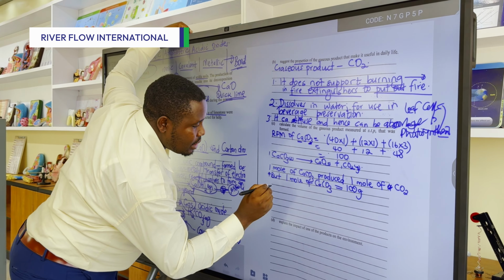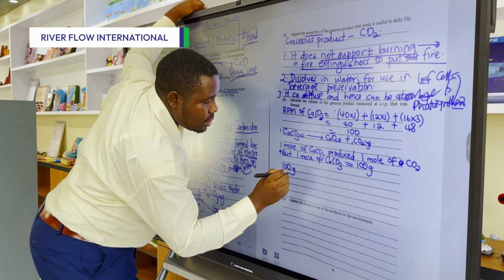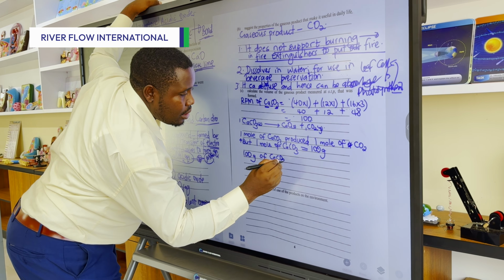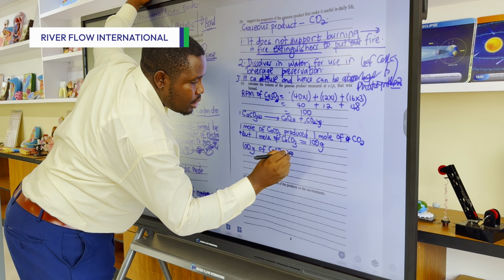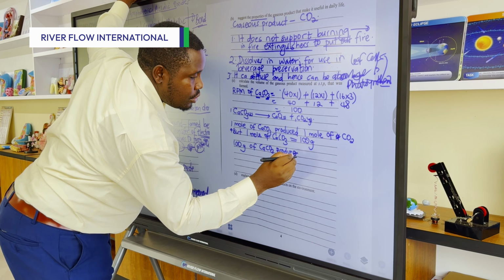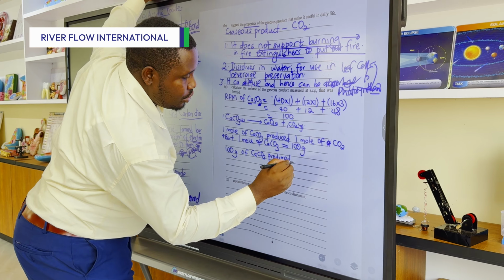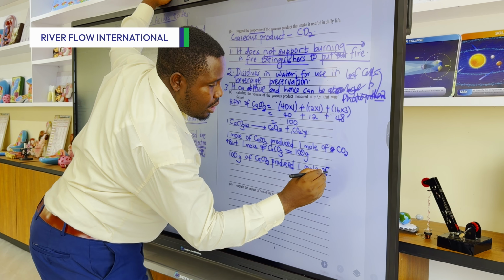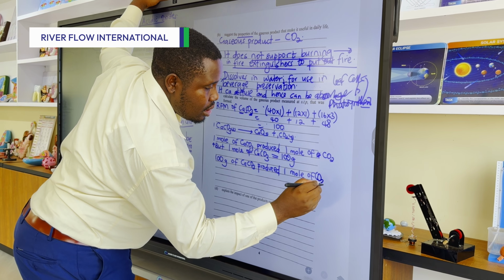So I'm going to say that 100 grams of calcium carbonate produces 1 mole of carbon dioxide.